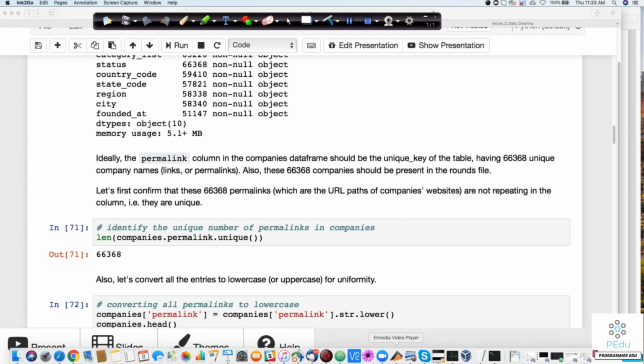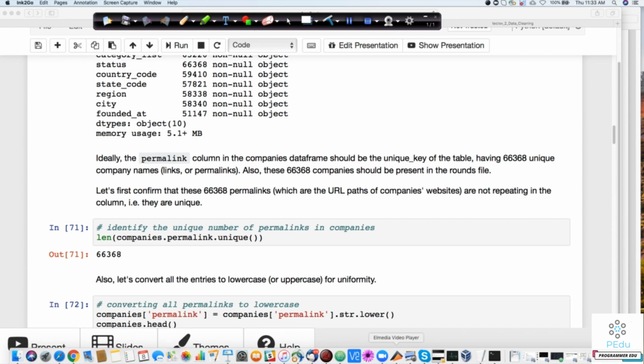Now, what we expect from here is that there may be a few companies which are in the companies data but not in the rounds data. Maybe they have not got any sort of funding, so in the rounds data frame we may not have them.